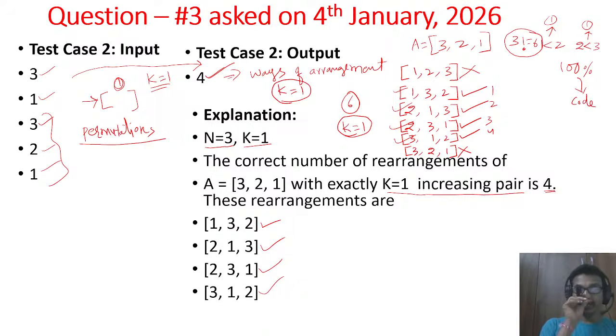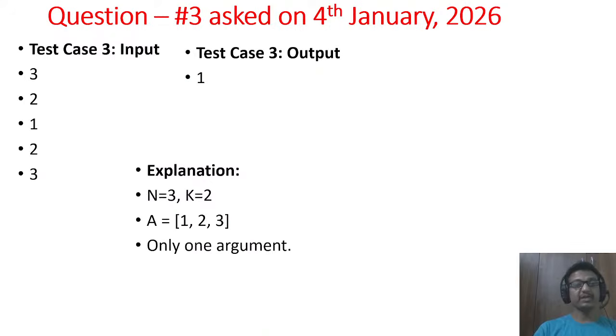Having known the solution for this test case, let us move to the next test case, to see whether our logic will be applicable to it or not. That you need to test. Let us go to test case 3. The input is n equal to 3, the number of elements, and k equal to 2.